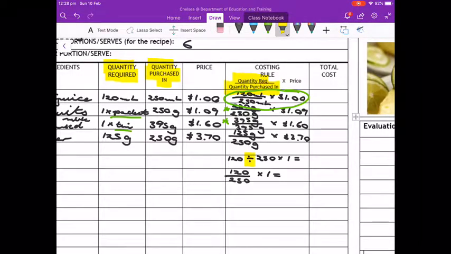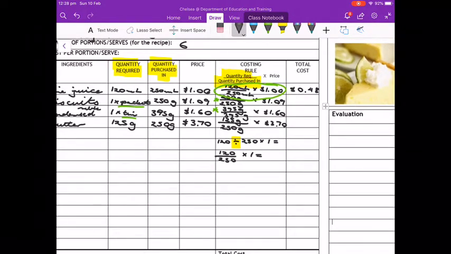120 divided by 250 times 1 is $0.48. So that's how much the lime juice is actually going to cost me. 250 divided by 250 is 1 because it's a whole, and 1 times $1.09 is $1.09.